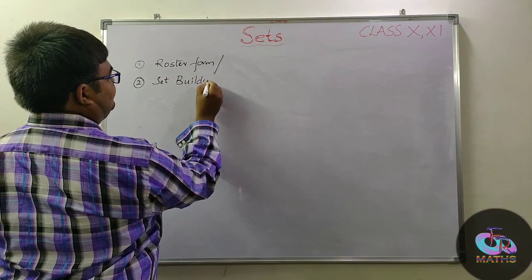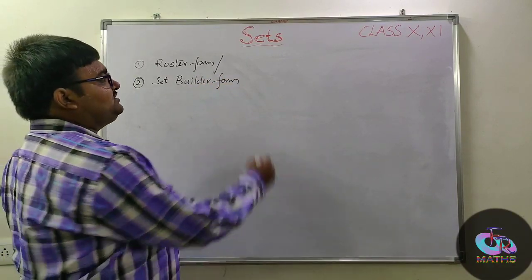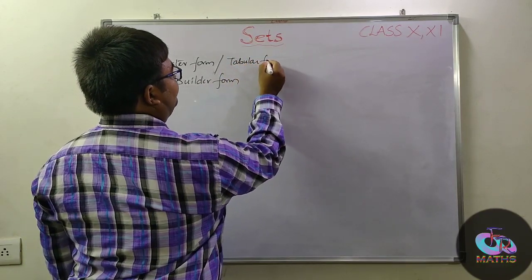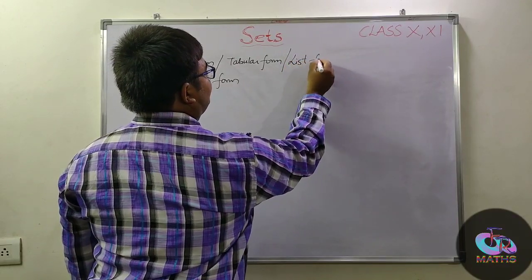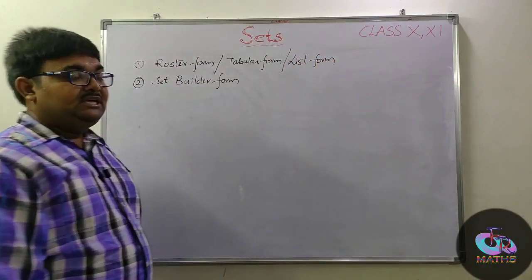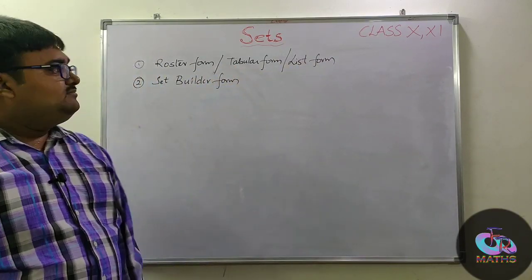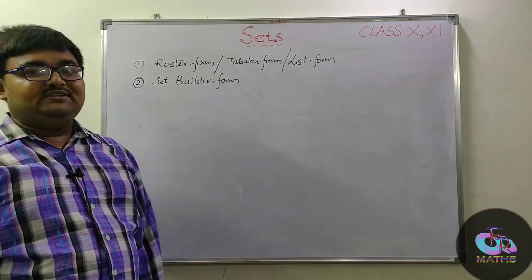The other name for roster form is tabular form, or you can call it list form. So roster form or tabular form or list form, and the other one is set builder form. Let us discuss one after the other.